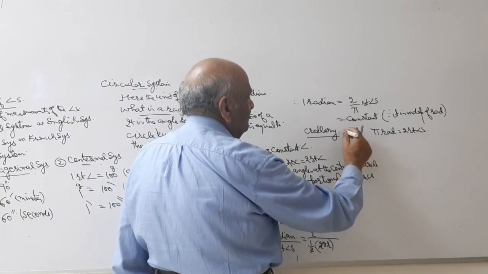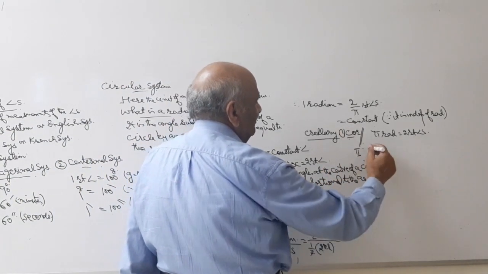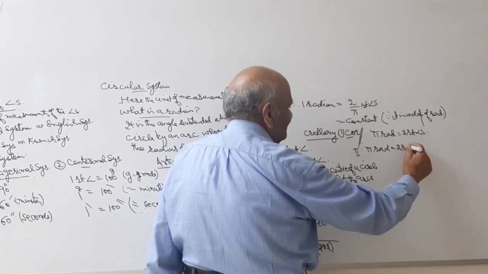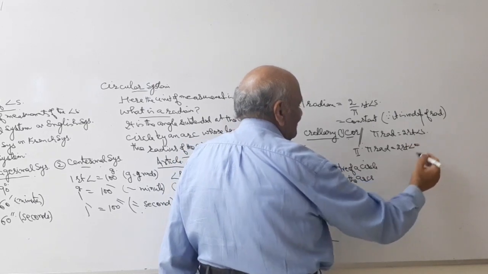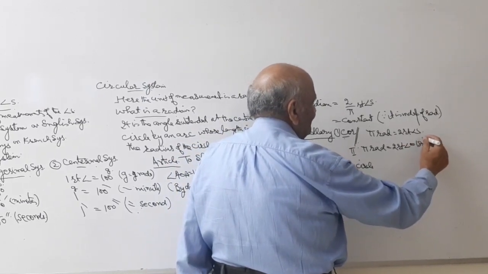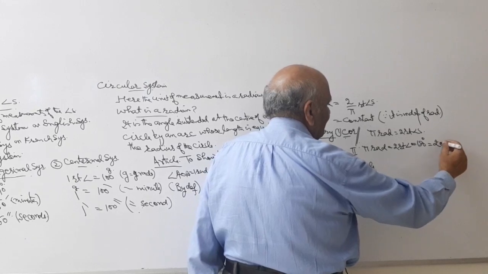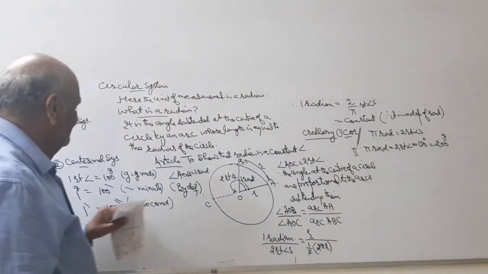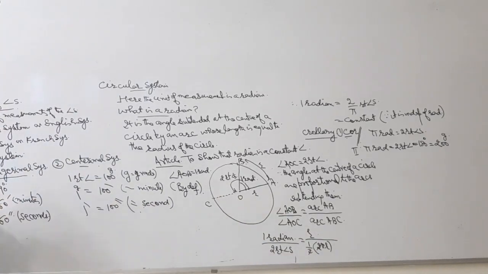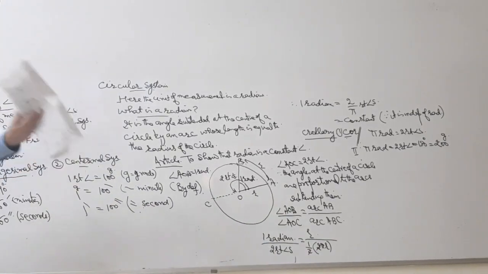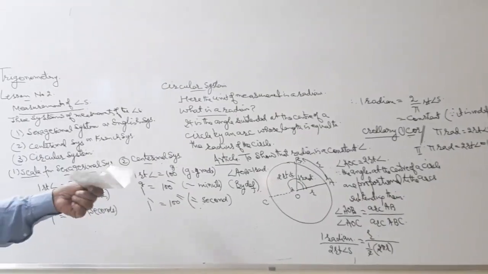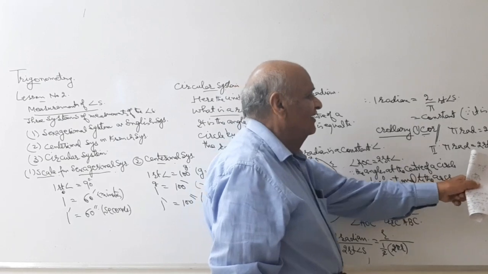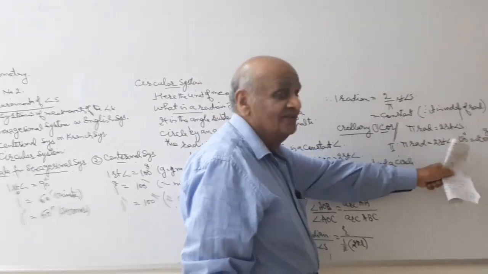Also, number 2, pi radians is equal to 2 right angles, which is equal to 180 degrees, which is equal to 200 grades. Because 1 right angle is 90 degrees, 2 right angles is 180 degrees, and similarly in grades.